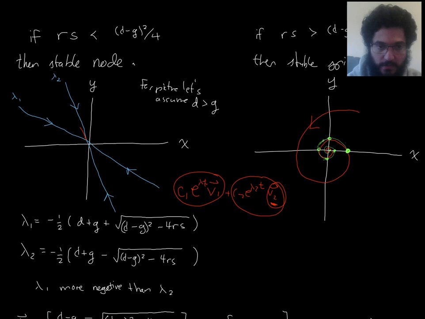So they come into the origin sort of parallel to this line, like this. And if you look towards the past, flipping around all the reasoning and dealing with all the minus signs, as you send t towards negative infinity, this term will actually dominate and trajectories will be parallel to v1. So trajectories come in sort of tangent to this one towards the future, and then in the past they're parallel to this one, so I guess something like this.